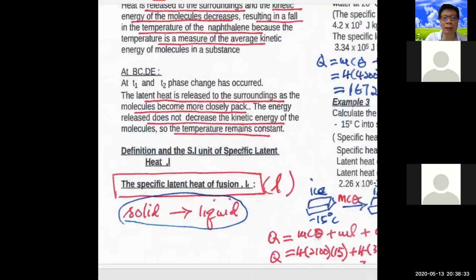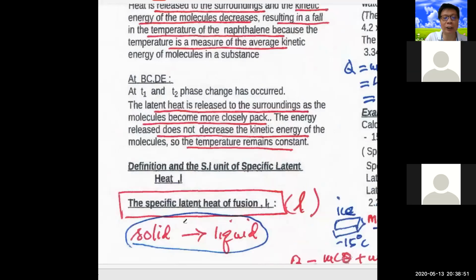Definition and SI unit of specific latent heat. The first one you're going to learn now, please highlight this one: specific latent heat of fusion. Fusion means changing from solid to liquid.